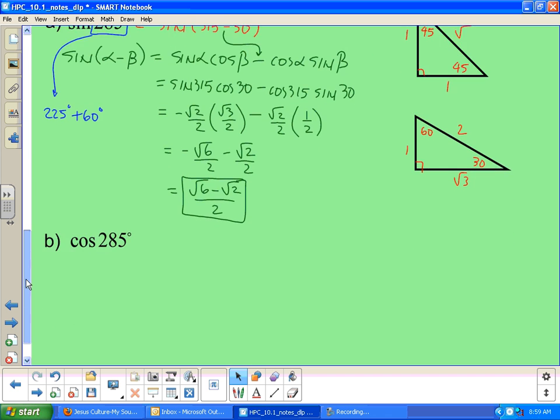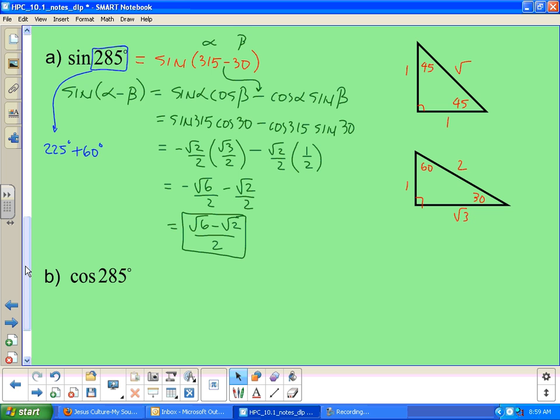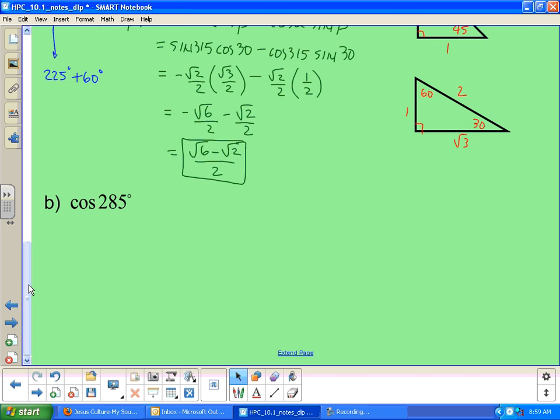All right, let's try the 285. This time we'll try it with this 225 plus 60 relationship. So now we're going to set this up as equal to the cosine of 225 degrees plus 60. So this is our sum of cosines, double angle stuff. And with our cosine relationship, we get the saying of cosine, cosine, sine, sine.